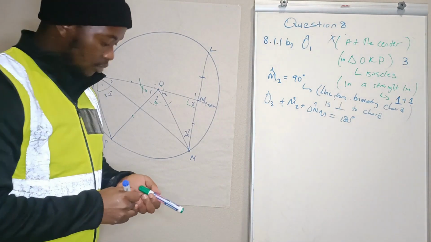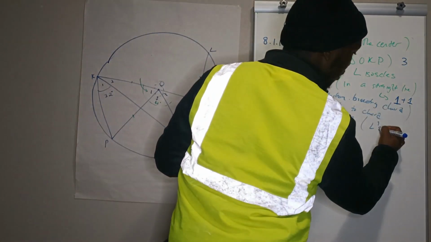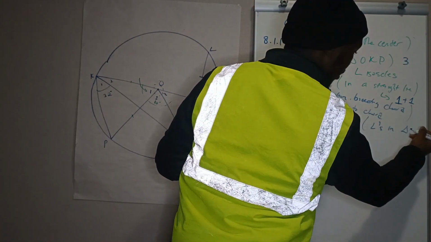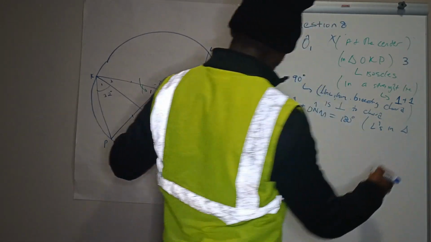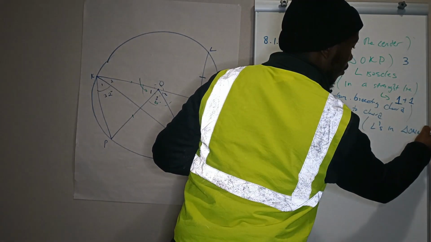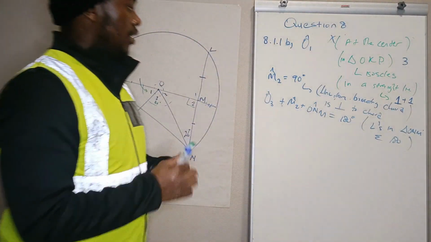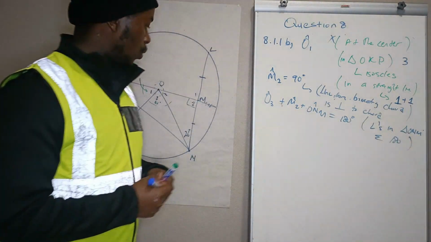Those angles should sum up because they are angles in a triangle. Angles in a triangle. Then you name the triangle. The triangle is ONM. They sum up to 180 degrees. So you can find the value of O3.